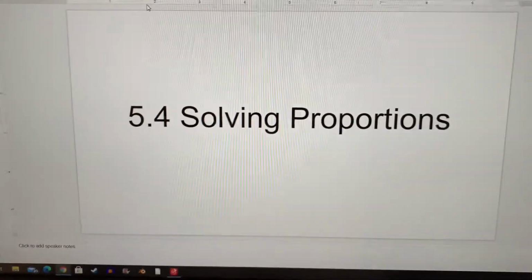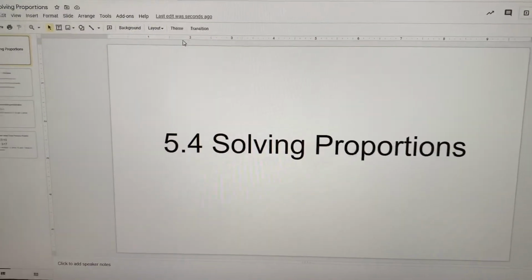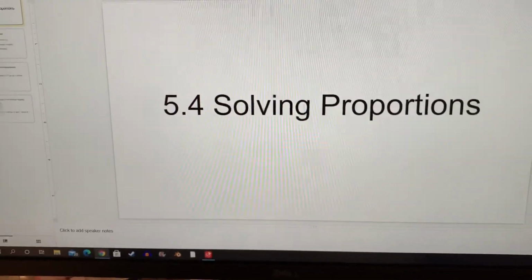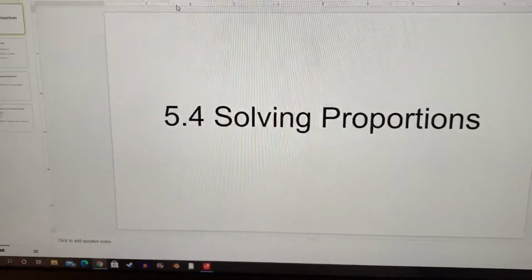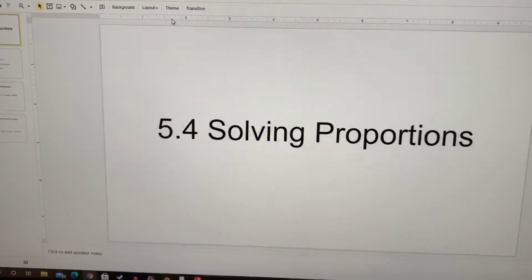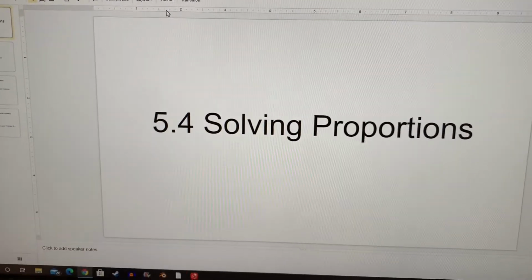I am sorry I'm not here today, but I wanted to make a video going over some of the stuff that we've been doing, just so you get a little bit of review before we go right back into our new topic, which will start tomorrow. This is 5.4, solving proportions.